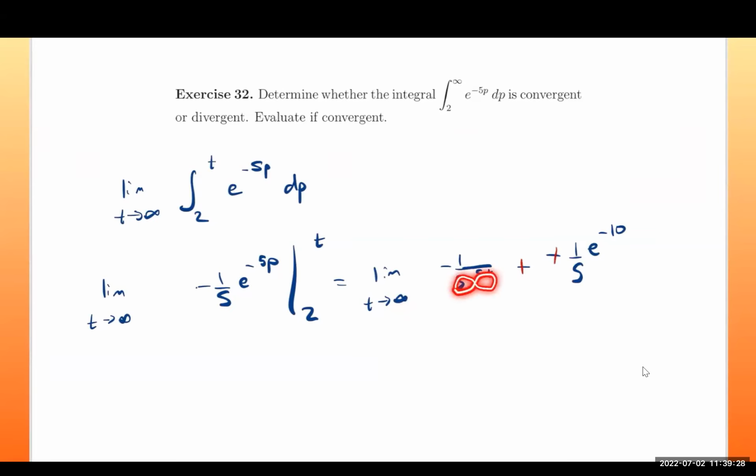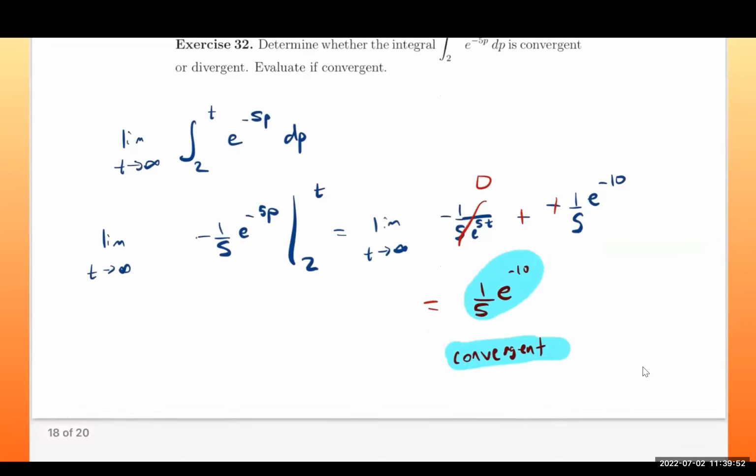If you substitute infinity into t, the denominator is going to approach infinity, which means you have negative 1 over infinity, which approaches 0. So our final answer is going to be convergent once again, and it's going to converge to 1/5 e to the negative 10th. So that is convergent because the limit exists.